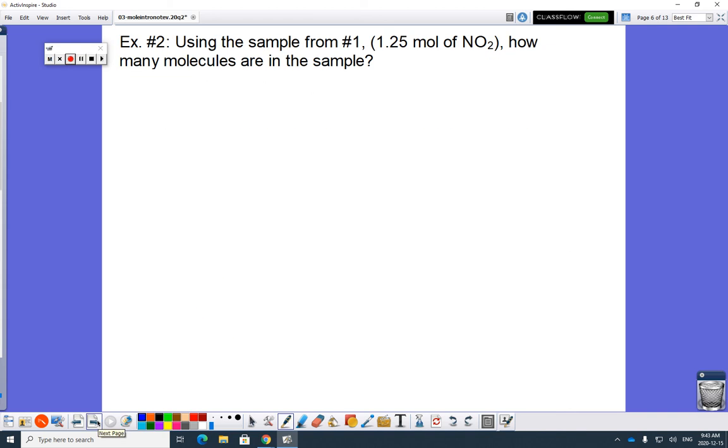Okay, so using the sample from number 1, 1.25 moles of NO2, how many molecules are in the sample? So again, I'm using the word molecule because NO2 is nonmetals, covalent. So basically, it's just being more specific about the number of entities. So we already have moles. Now if we're looking for entities, Avogadro's number times the number of moles.